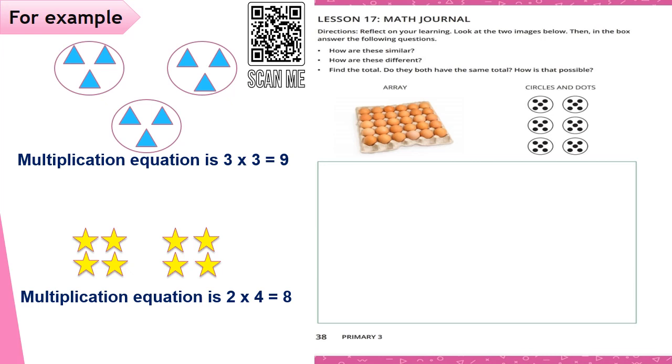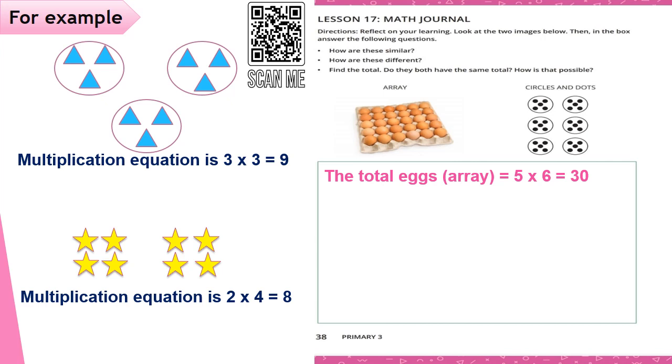To find the total, I can ask myself how many rows do I have, and inside each row how many eggs. So the total eggs in this array, 5 rows, and in each row I have 6 eggs, equals 30. The total equals 30. Okay?